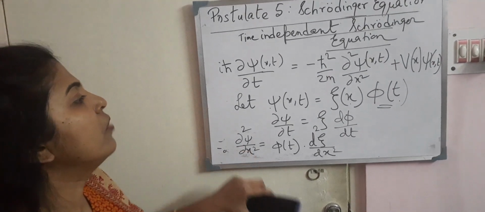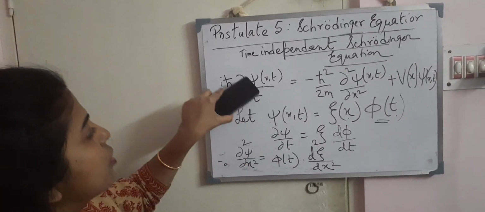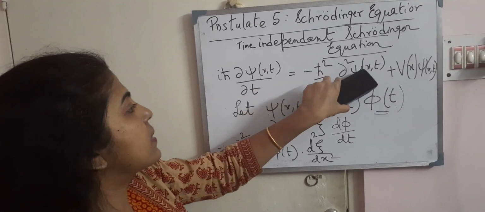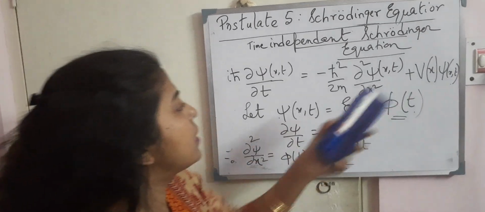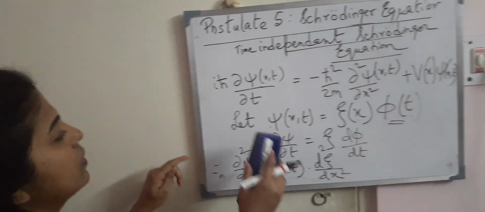Okay. Now we will put this expression of del psi del t, del 2 psi del x square and psi x t in this equation. So let's do that.